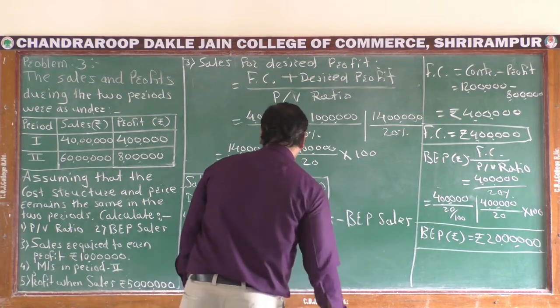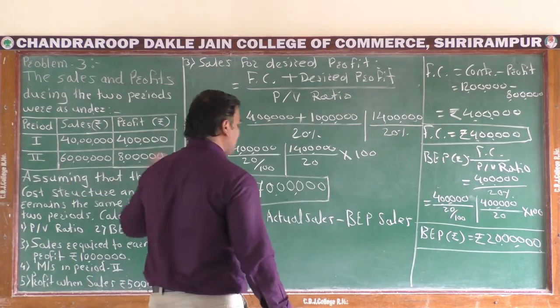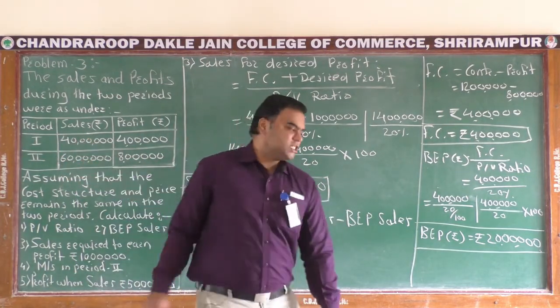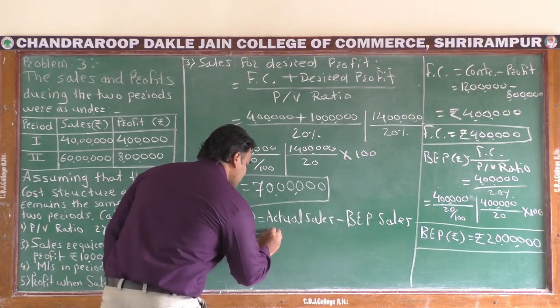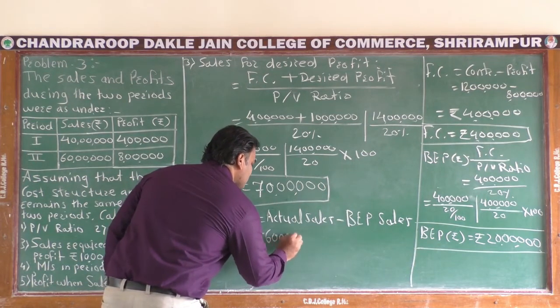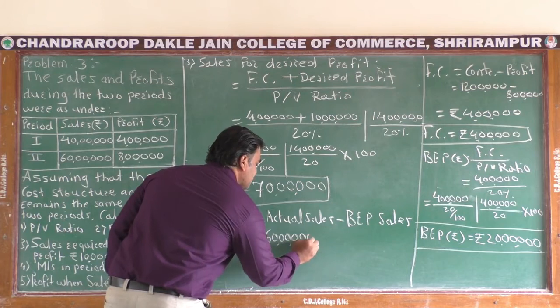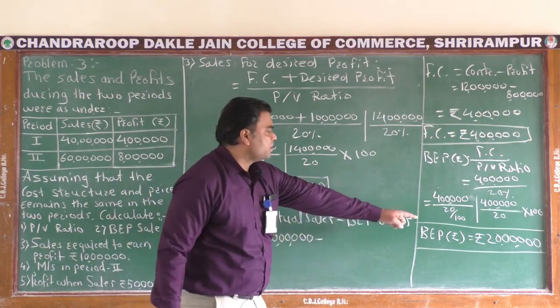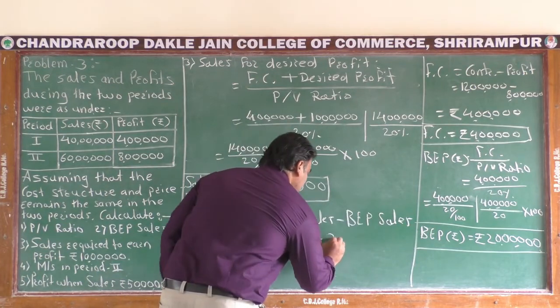Actual sales for period second are 60 lakh, less BEP sales, which is rupees 20 lakh.